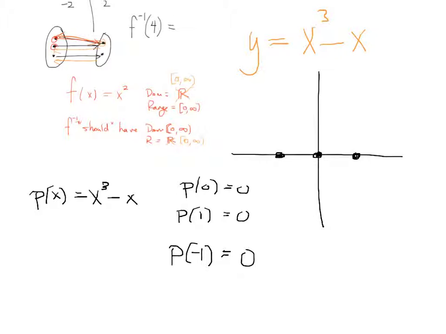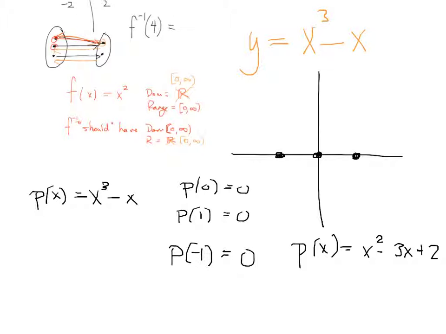Remember that the only way for a polynomial to be 0 when you plug in a point is if that number shows up as a factor. As a simple example, p of x is x squared minus 3x plus 2. If I plug in 2 and if I plug in 1, I get 0.